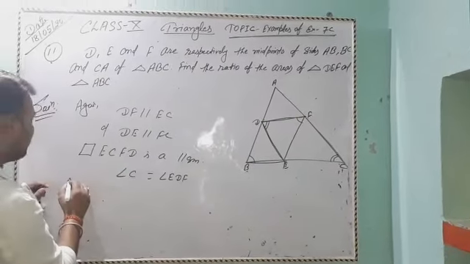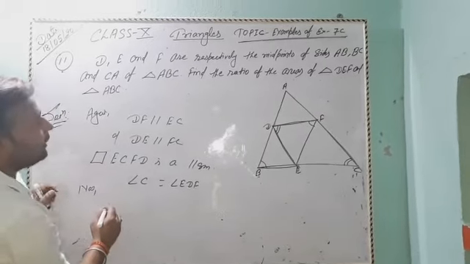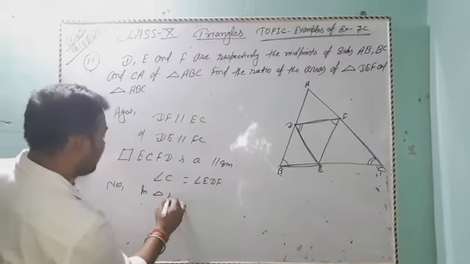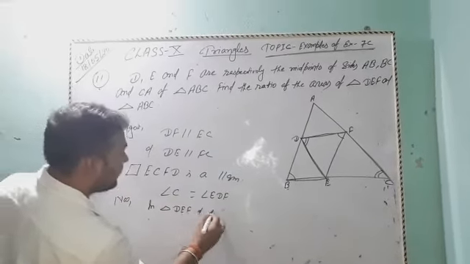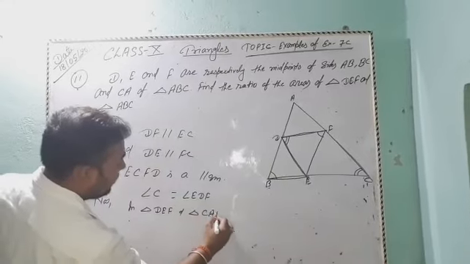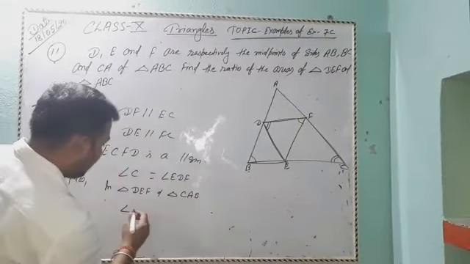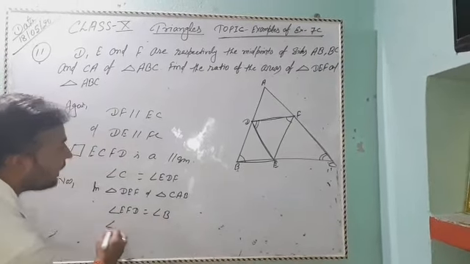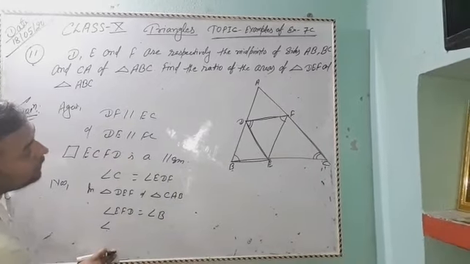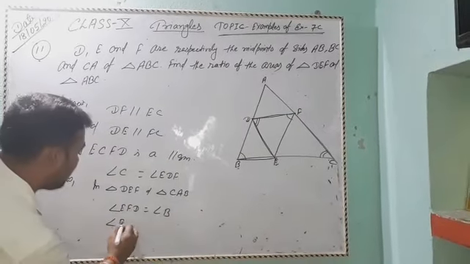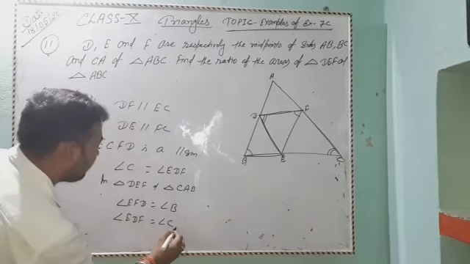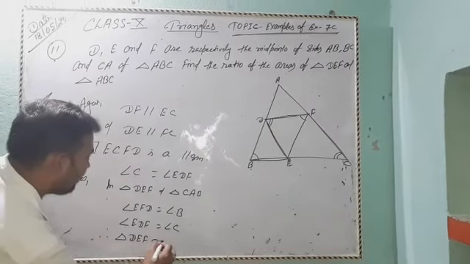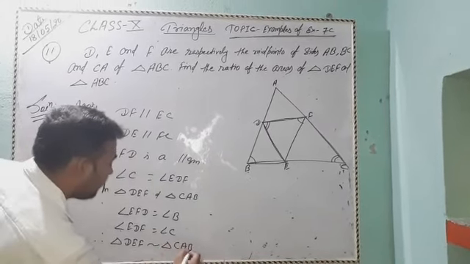Okay, now in triangle DEF and triangle CAB, angle EFD equal to angle B and angle EDF equal to angle C. So we say that the triangle DEF is similar to triangle CAB.